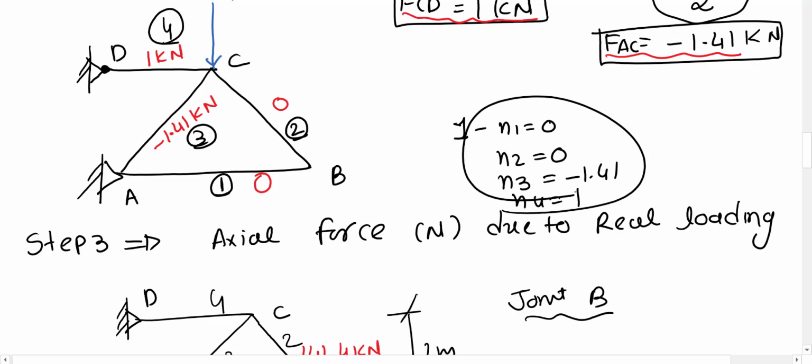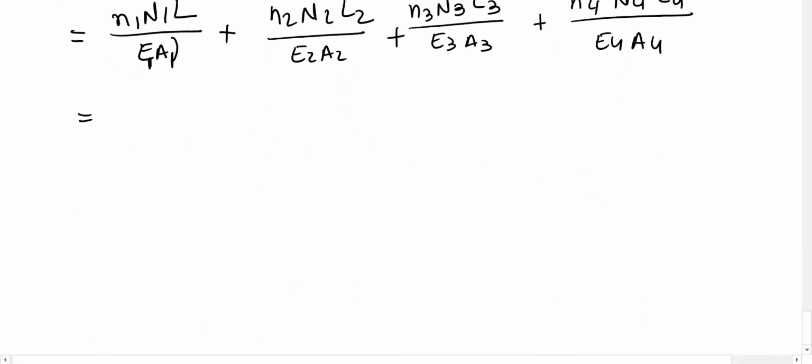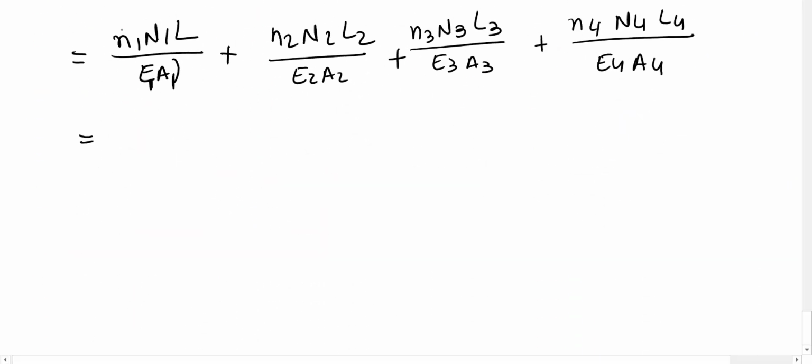So this is the value we're going to take: 0, 0, minus 141 and 1. So if I substitute 0 here, 0 here, and if I substitute the third one minus 141, and if I substitute this one 1, then these terms would be 0 because the multiplication is 0. So over here I just need to substitute for the 3 value.